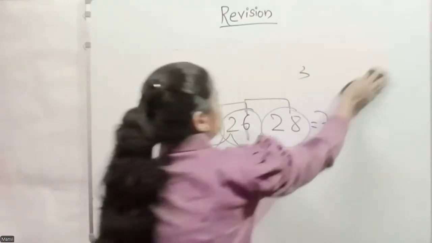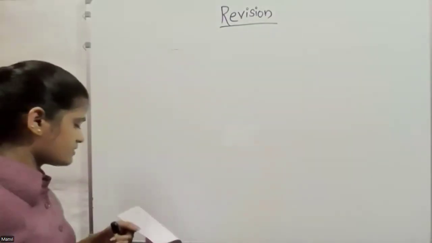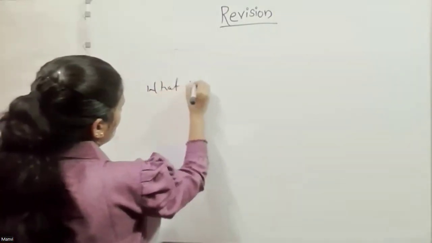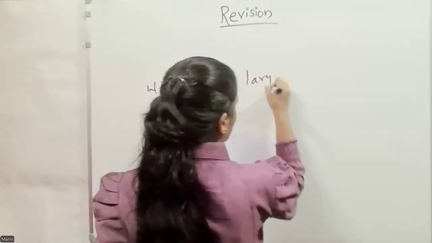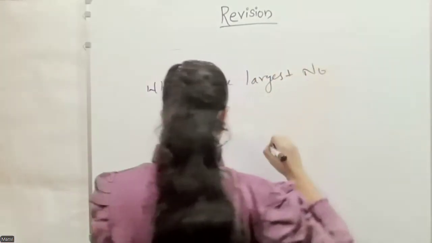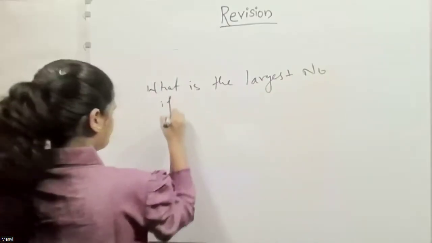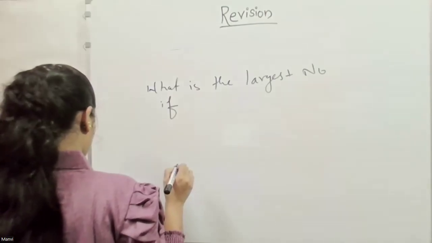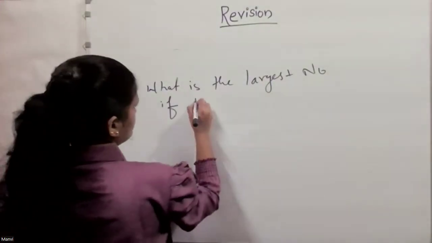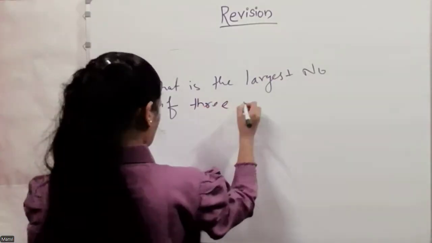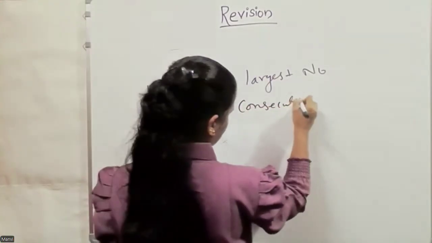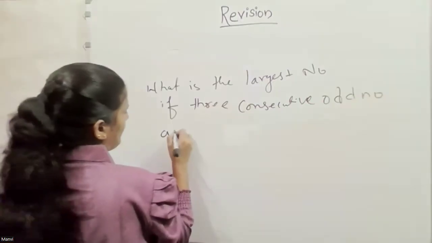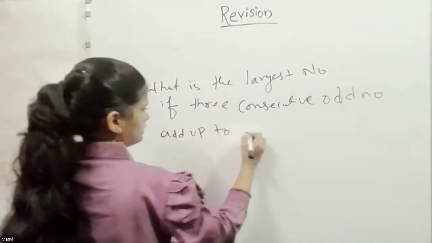You have one more question based on this. You need to tell me what is the largest number if three consecutive odd numbers add up to 33.